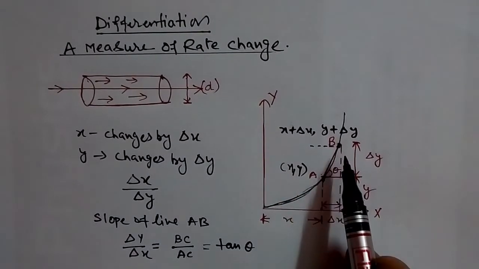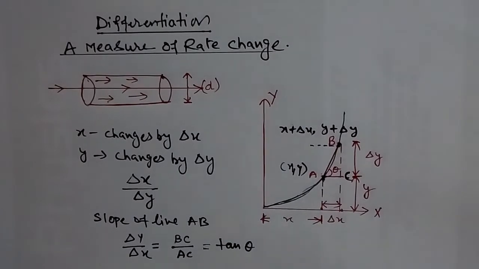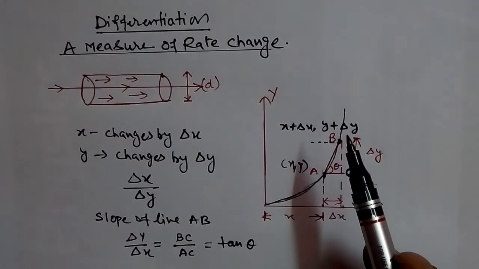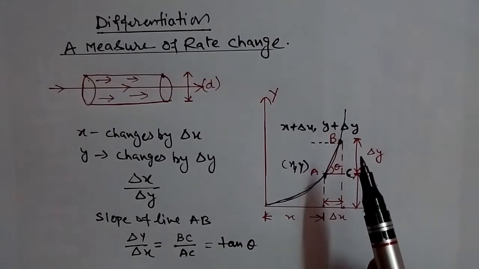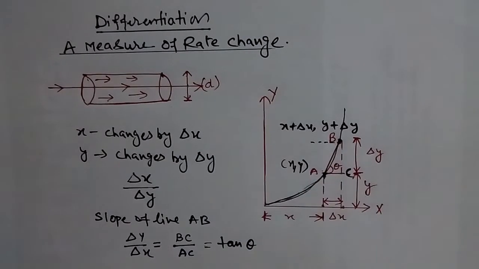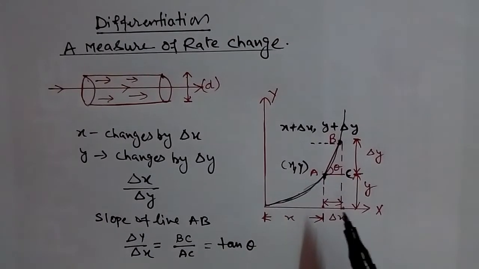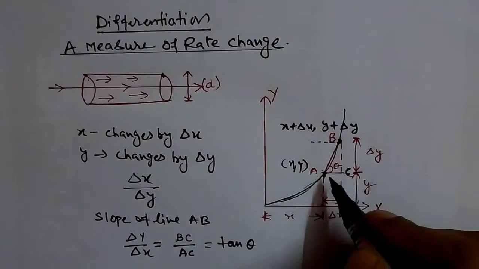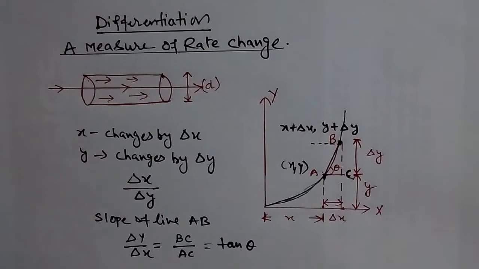So students, if we really want to find out the value at which y changes with respect to x, that is, the change of y at a given point of x, then we need to find something which can be considered at every point of x along this particular line AC or along the x-axis.